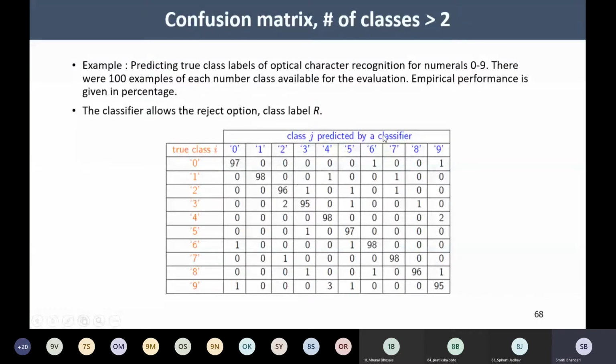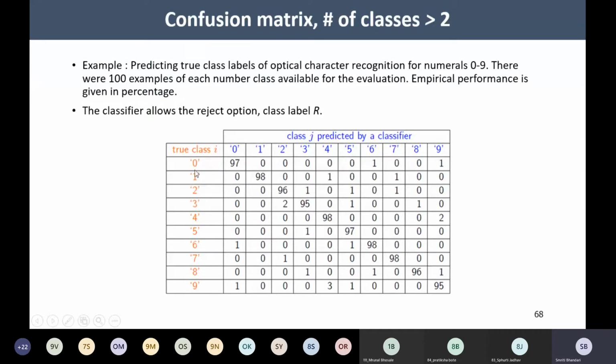So if you look at this confusion matrix, what we have here is a matrix with the dimension 9 by 9, sorry, 10 by 10. Why 10 by 10? Because we are having 10 classes, 0 to 9. So we are having the rows representing the actual class and the column representing the predicted class.